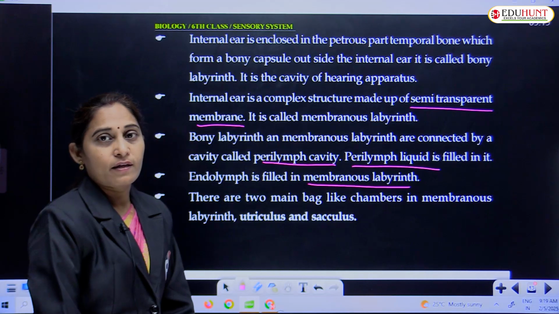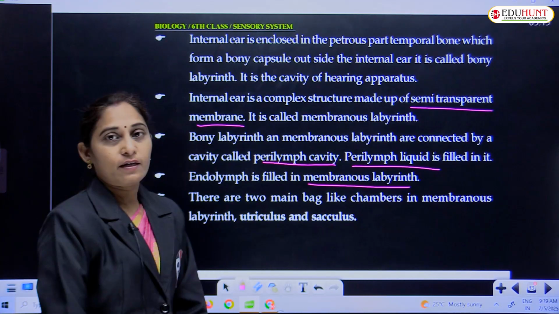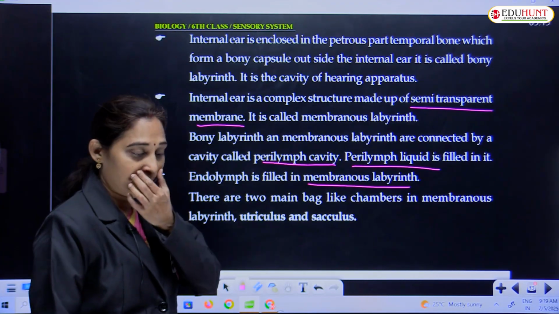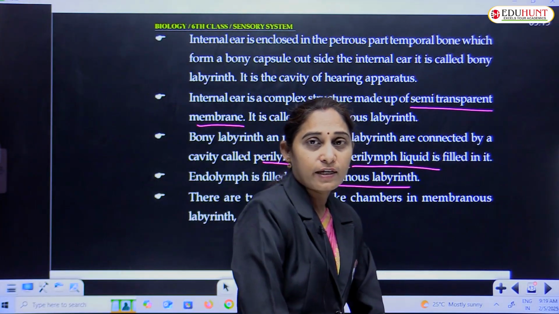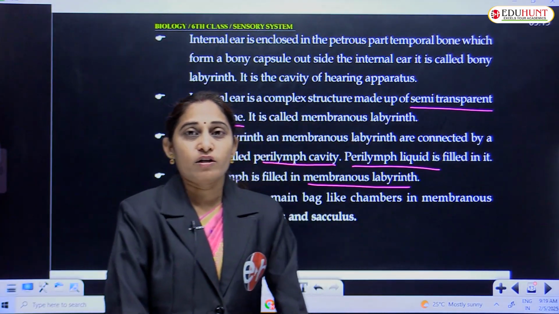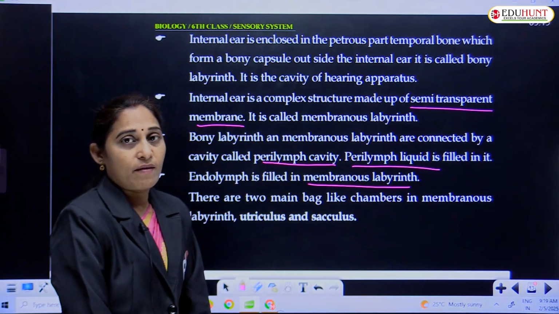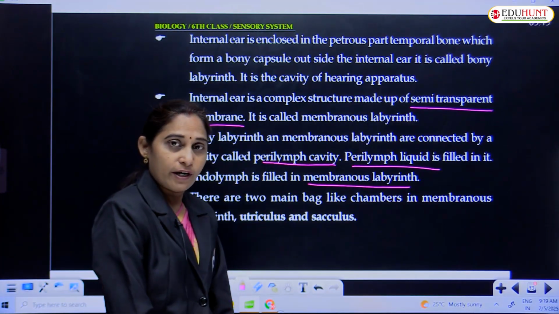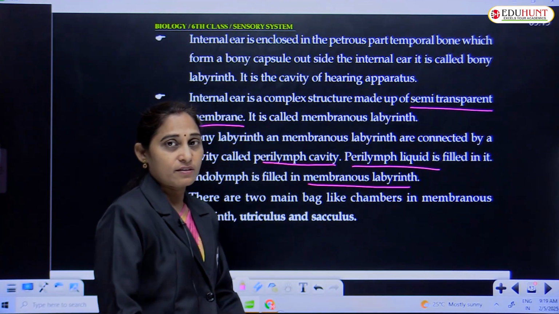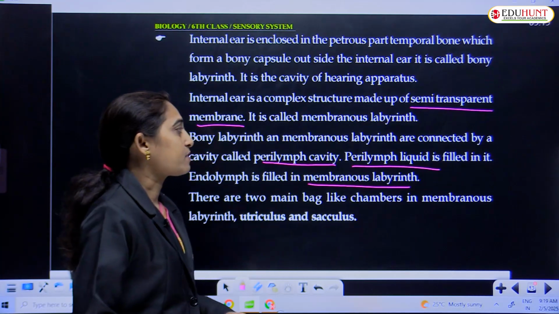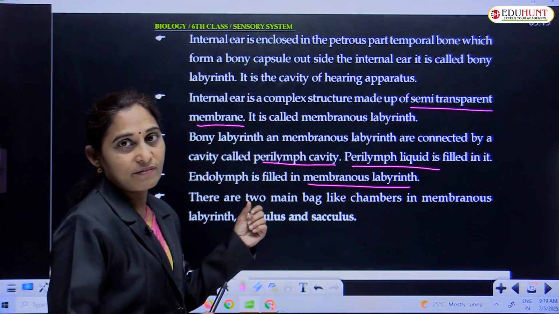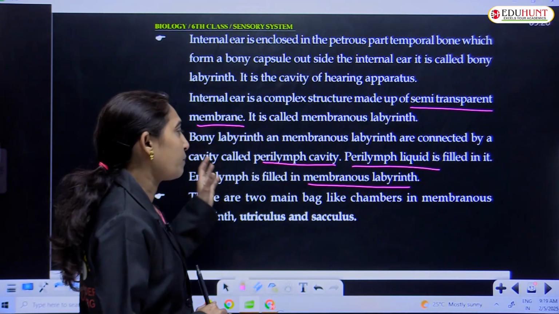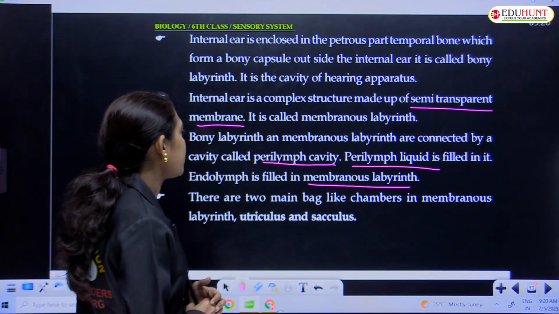But the bony labyrinth and membranous labyrinth both are connected by a cavity called the perilymph cavity, and the fluid present in the perilymph cavity is the perilymph. That is the fluid found in the cavity between these two, that is bony labyrinth and membranous labyrinth.